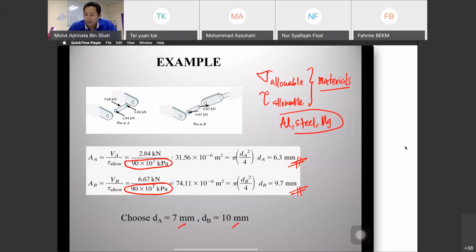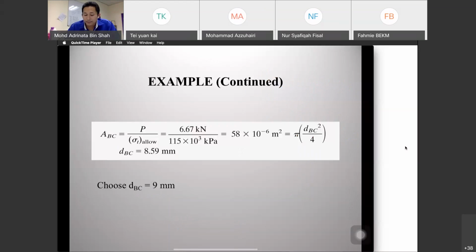All of these materials are different in allowable stress. They are what we call mechanical properties. So when you design, you need to know all of this, referring to the table.